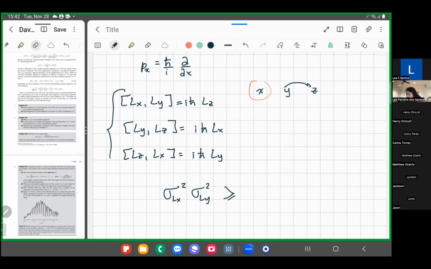We cannot measure them with absolute precision. This is the relationship for the uncertainty principle. It involves the commutator between Lx and Ly. That's why we cannot measure the two together, because they do not commute. It has to be larger than the expectation value of this commutator divided by 2i, all that squared.